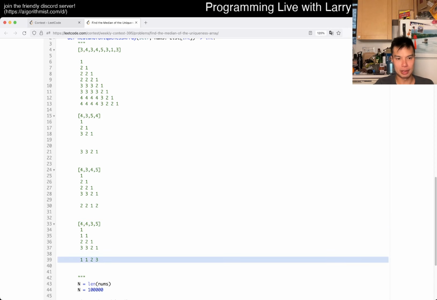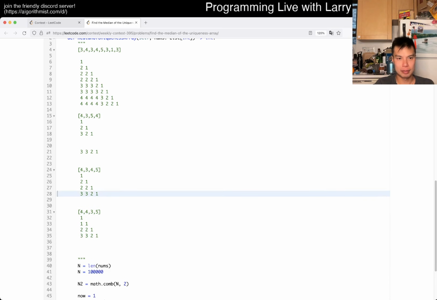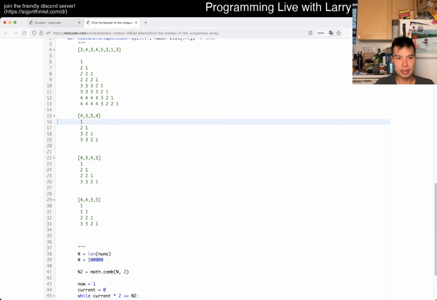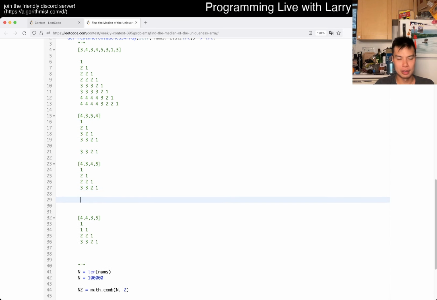Okay, let's rewrite this. Everything that this 4 is in is going to be in here. Okay. But this actually appears in more places, right? So that means that this 4 is going to be, well, this row.